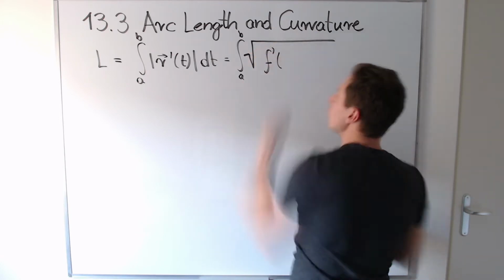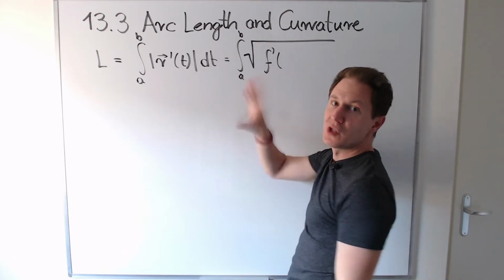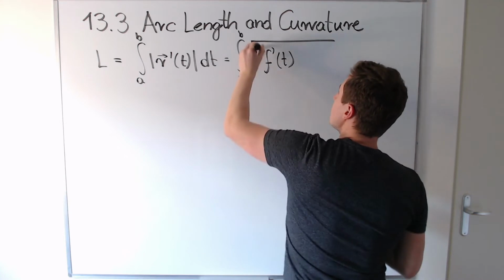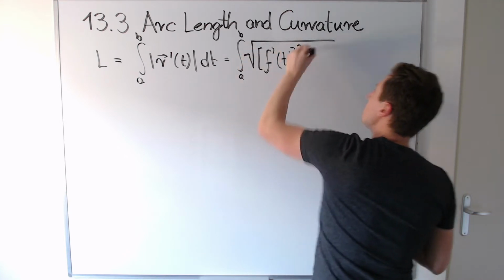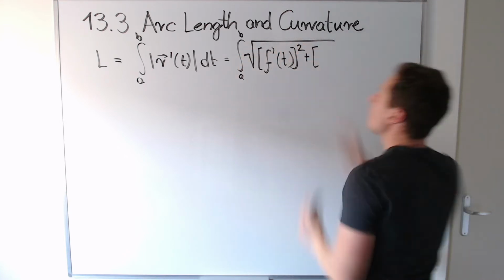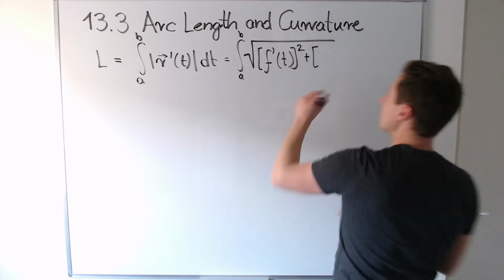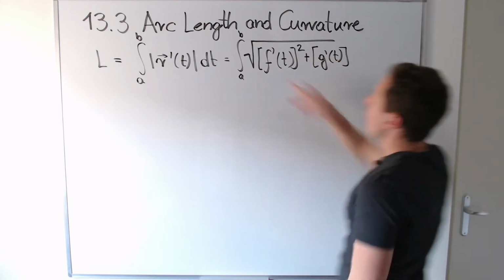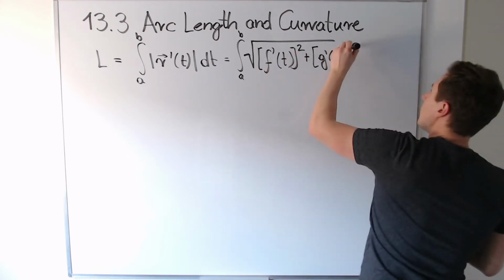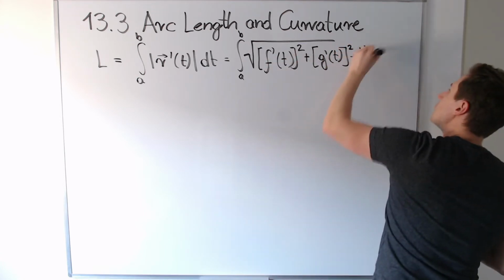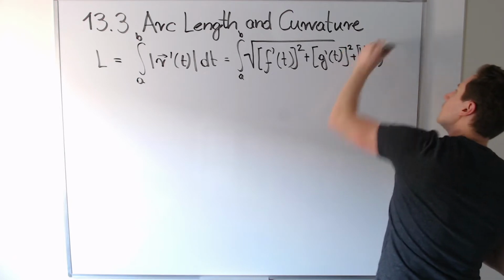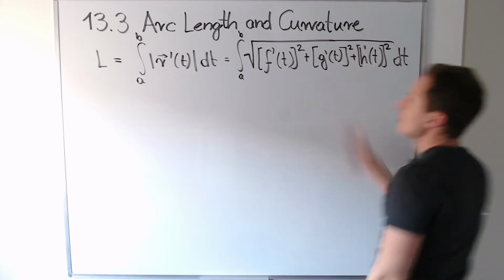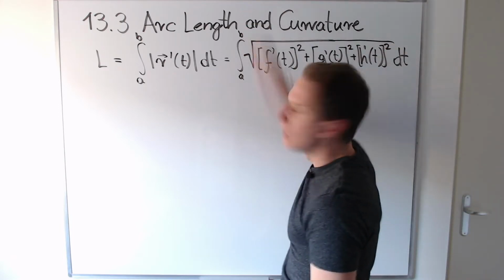So if its components are f, g, and h, as we've used before, you just differentiate each component, square them, add them up, take the square root, and integrate the result. So exactly the square root of f prime squared plus g prime squared plus h prime squared is what we have to integrate with respect to t, from t equals a to t equals b.